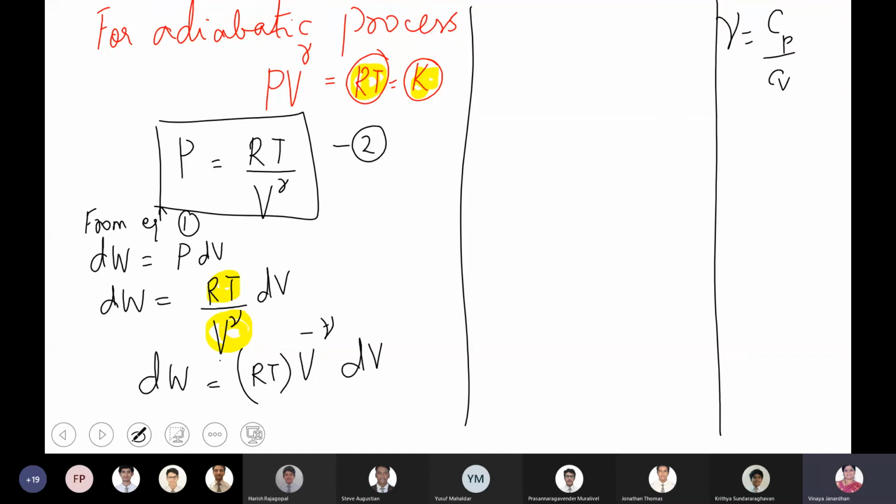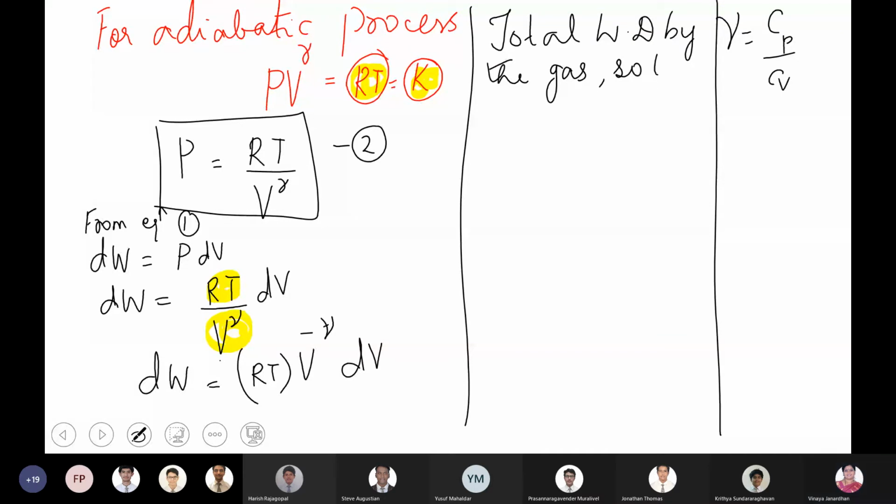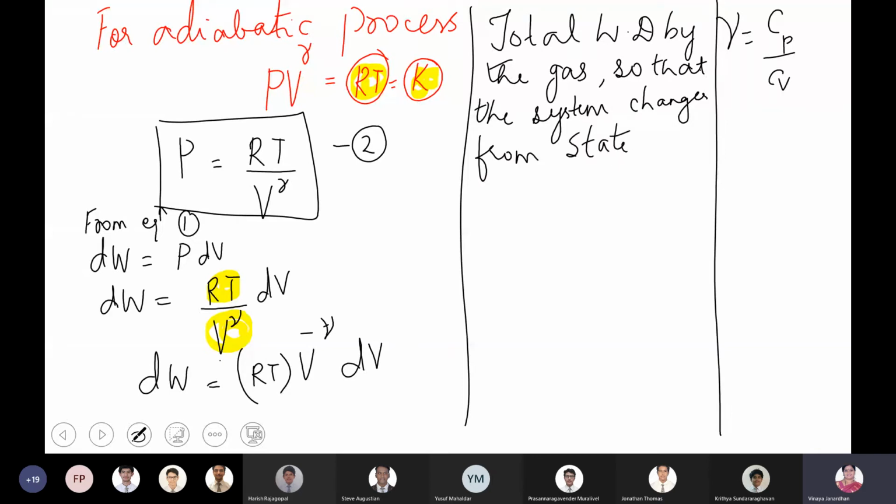Okay. Now you find total work done. Total work done by the working substance, so that the system changes from state P1 V1 from state. You know that the state of a thermodynamic system can be represented by what?